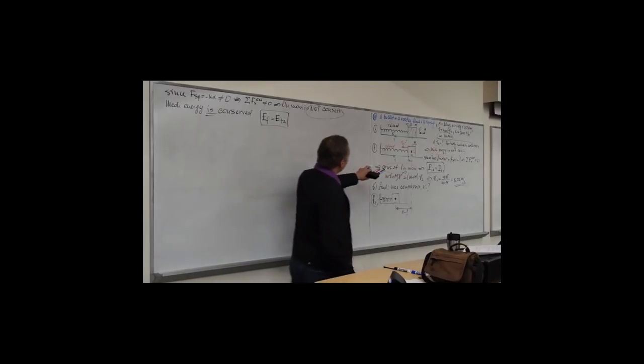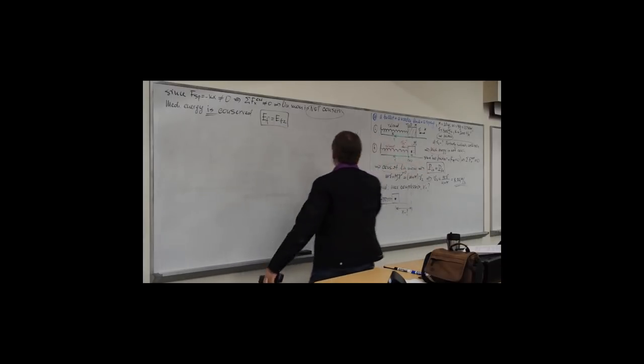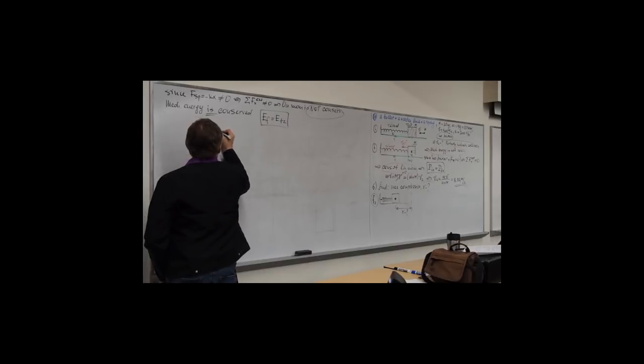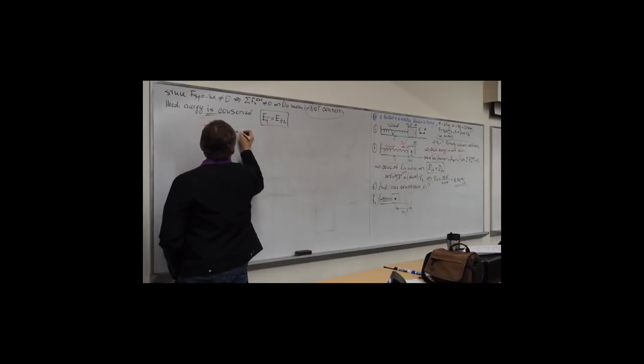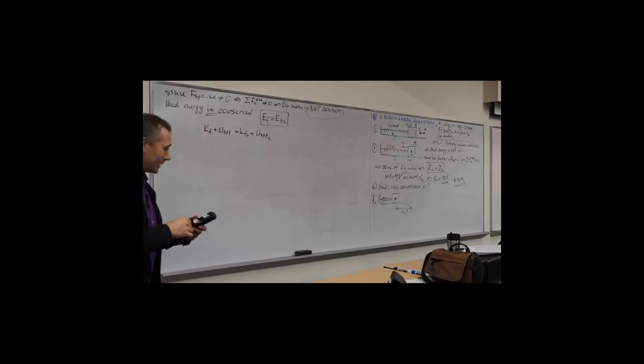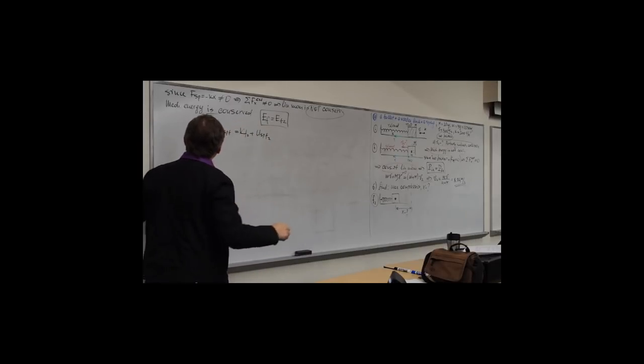So let me just write everything. So Kf plus U spring f equals Kf2 plus U spring f2. Wow, it's weird notation, right? Never used this before.